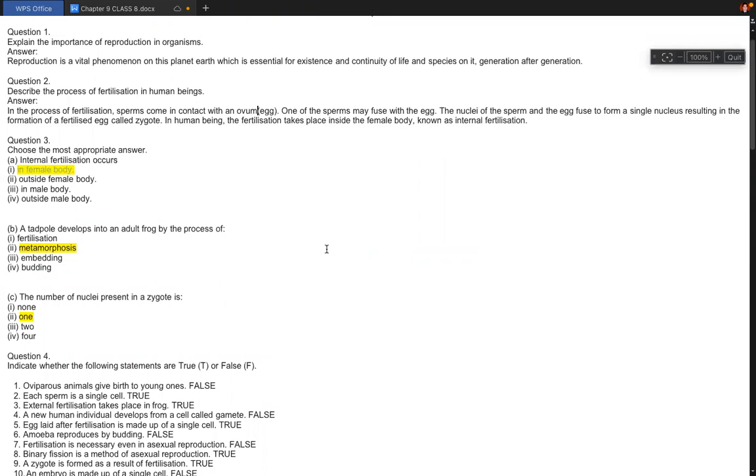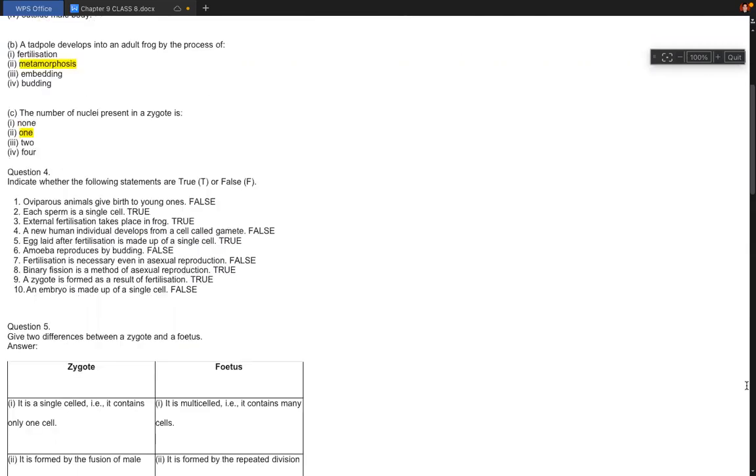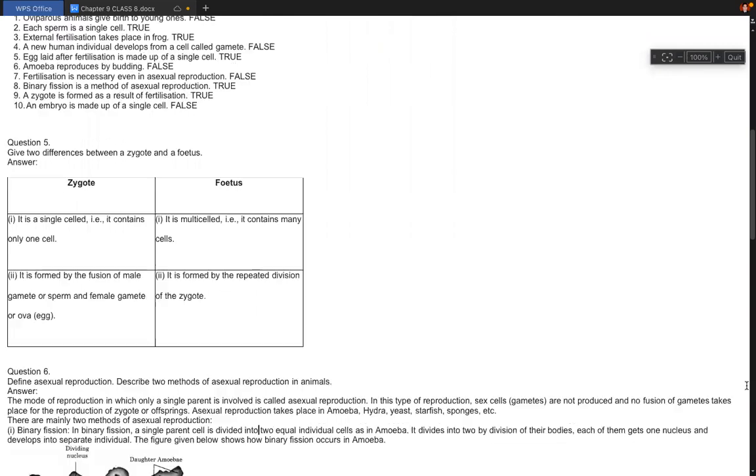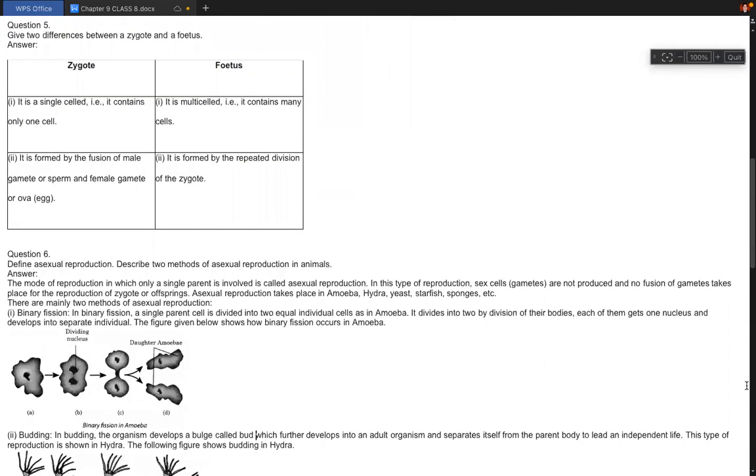All right. Let's come to the question that we were discussing about the differences between fetus and zygote. So a zygote is a single cell. We all know it forms after fertilization, but fetus is multi-celled. It contains many cells, right?